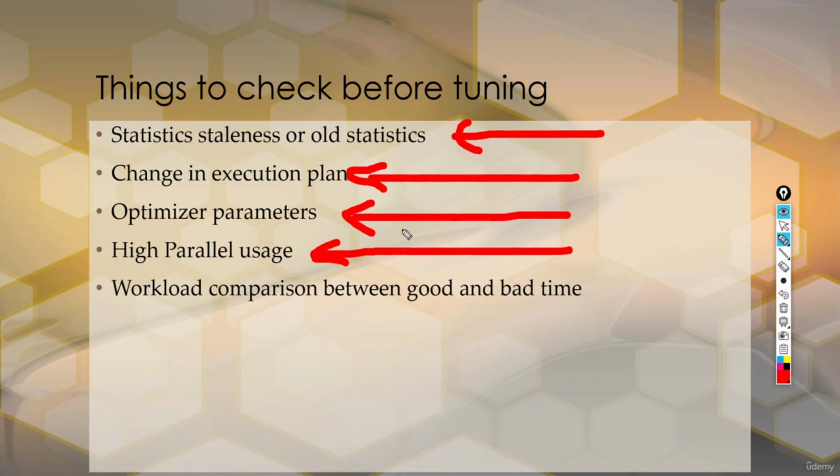If a larger number of parallel servers are used for a particular SQL statement, that may drastically reduce the performance of the database itself and bring it to its knees. So it is always recommended to be careful when we set the parallel configuration in the database.